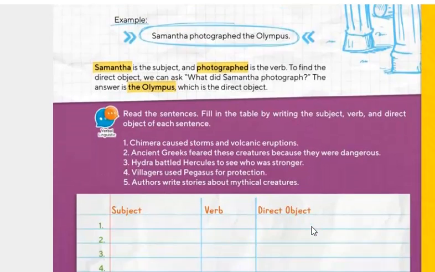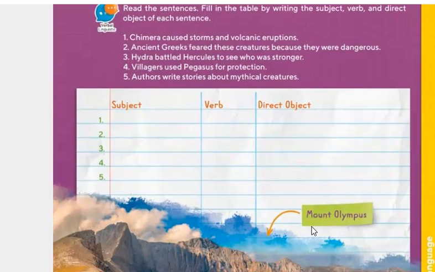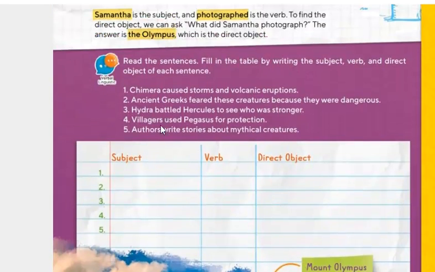Here we are. In the exercise, in the verbal linguistic exercise, what do we have to do? We have to fill in the table by writing the subject, the verb, and direct object of each sentence. We have to write the subject, the verb, and the direct object from these sentences.